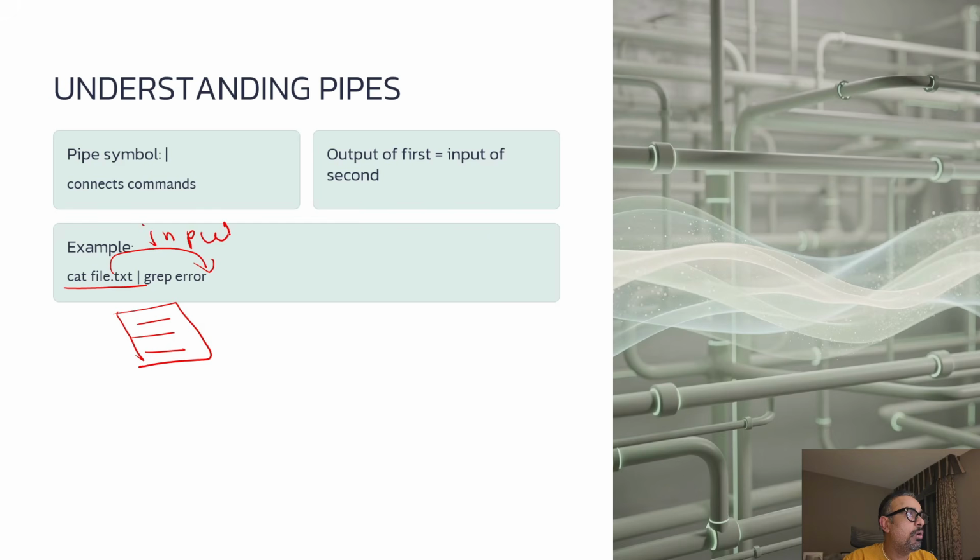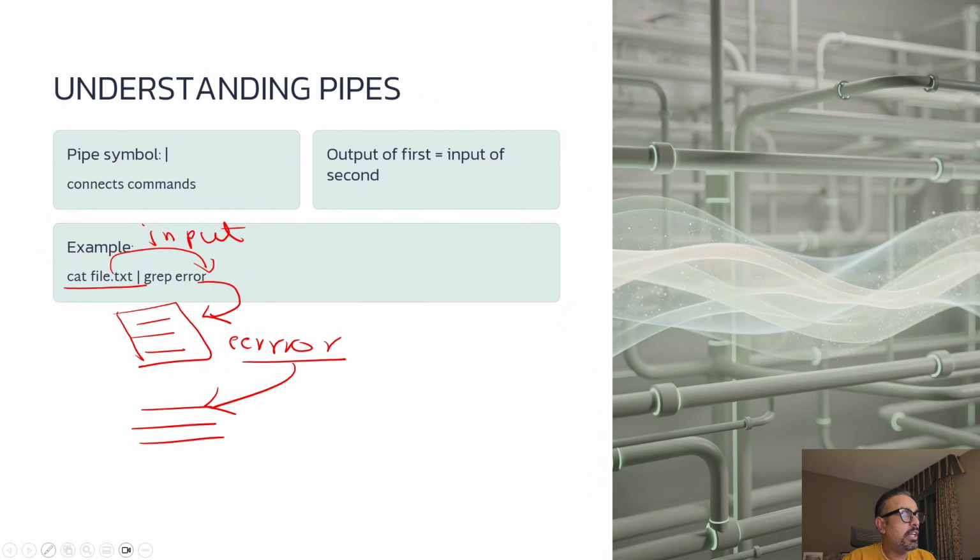Now once input is received, then the grep command is going to go inside this file and search for error, and if it finds any errors, then it is going to give us the output. That is how the output of the first command goes as an input to the second command.